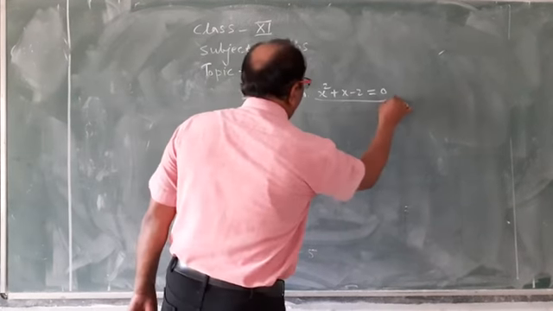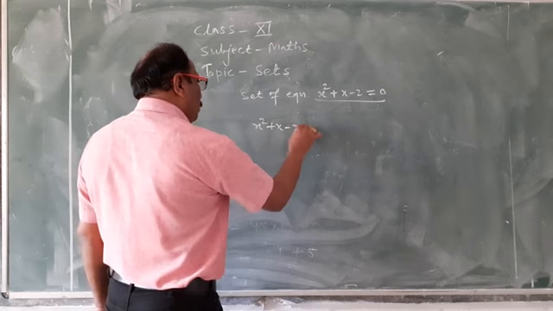This set can be written as x square plus x minus 2 is equal to 0.